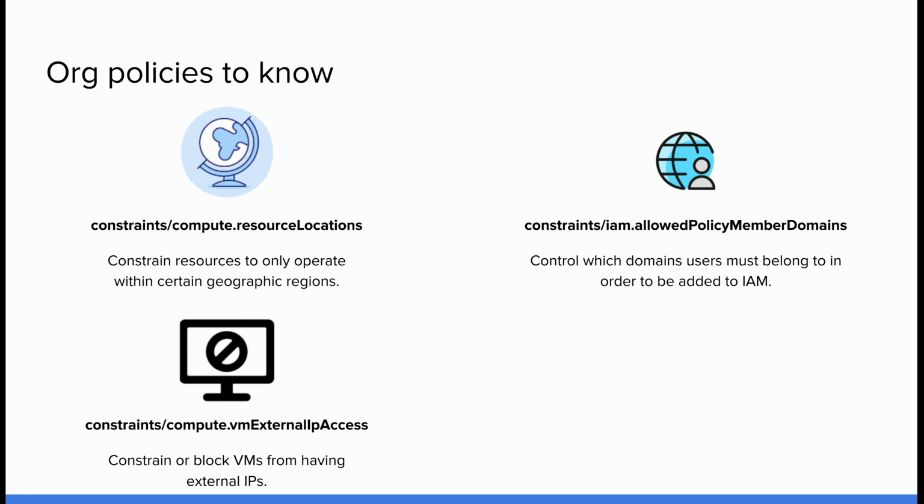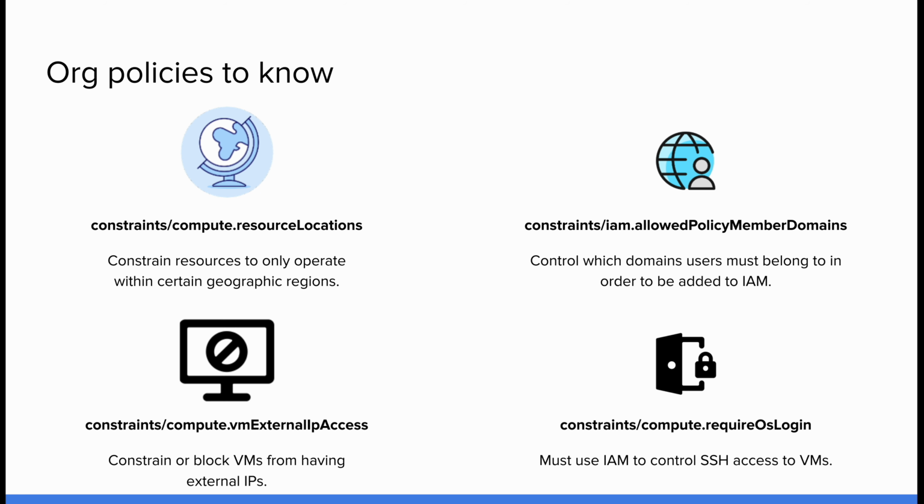Finally, on the bottom right is the constraints/compute.requireOsLogin policy. This policy requires that users access virtual machines via IAM-based OS Login, which ties SSH access to IAM roles. So you basically just don't have to manage SSH keys. The access through SSH is managed by IAM, and so that can be really convenient.